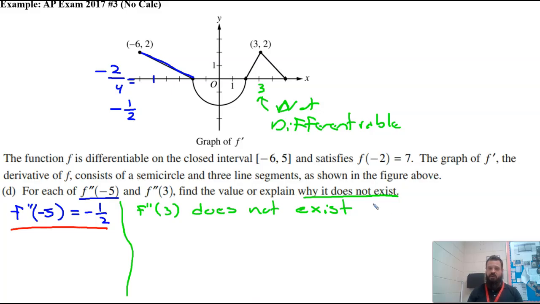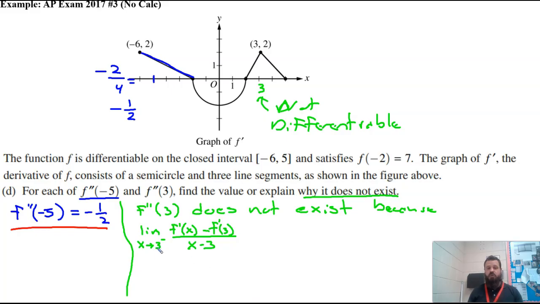The technical calculus way we'd say that is because the limit as x goes towards 3 from the left side, the negative side, of our definition of a derivative at a point, f prime of x minus f prime of 3, over x minus 3.